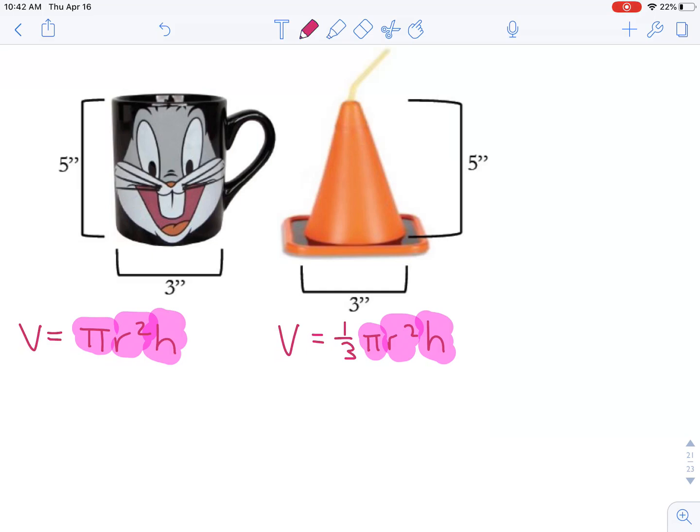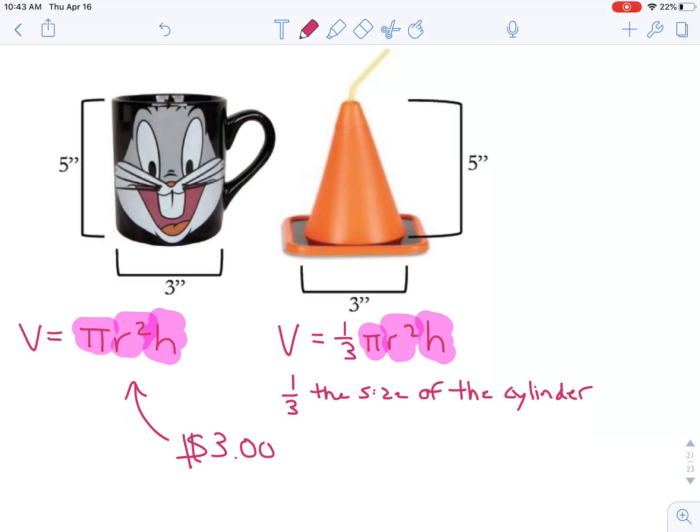So the only thing that's different here is that 1/3, which is saying that this is 1/3 the size of the cylinder. So if we want a fair price here, all I'd want to do is multiply whatever the price is for the cone by 3. So this would make the refill cost $3.